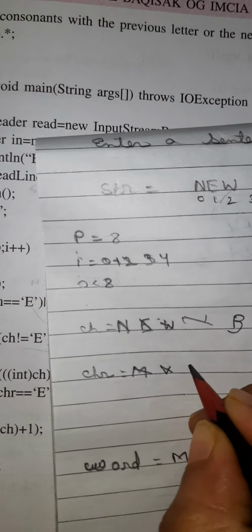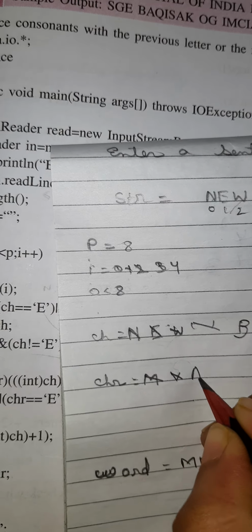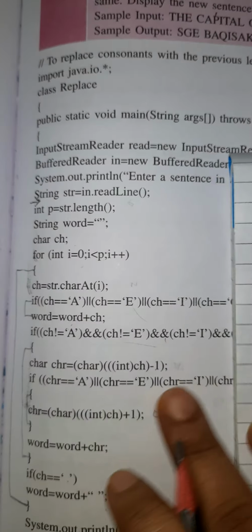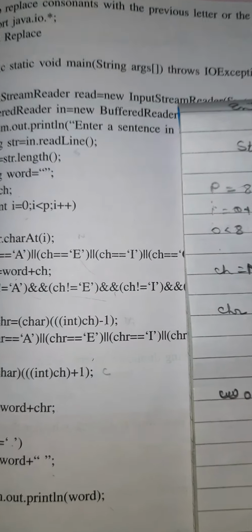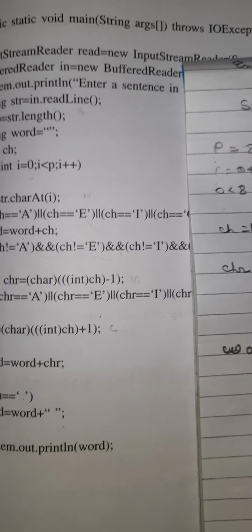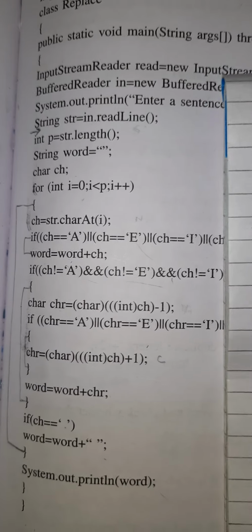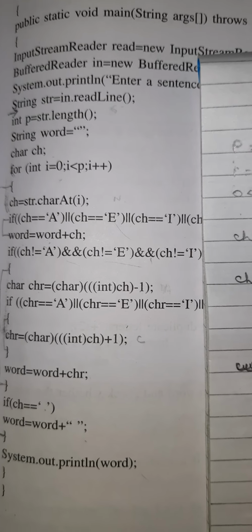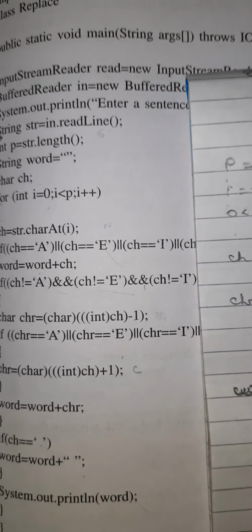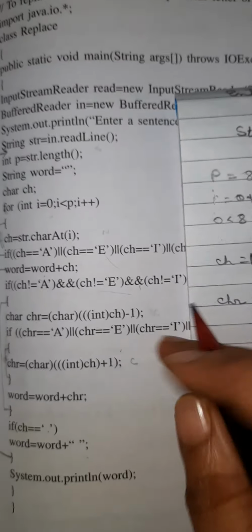So B minus 1 is A. Previous letter, int ch: the ASCII value of capital B minus 1, so it is A. So it is now A.